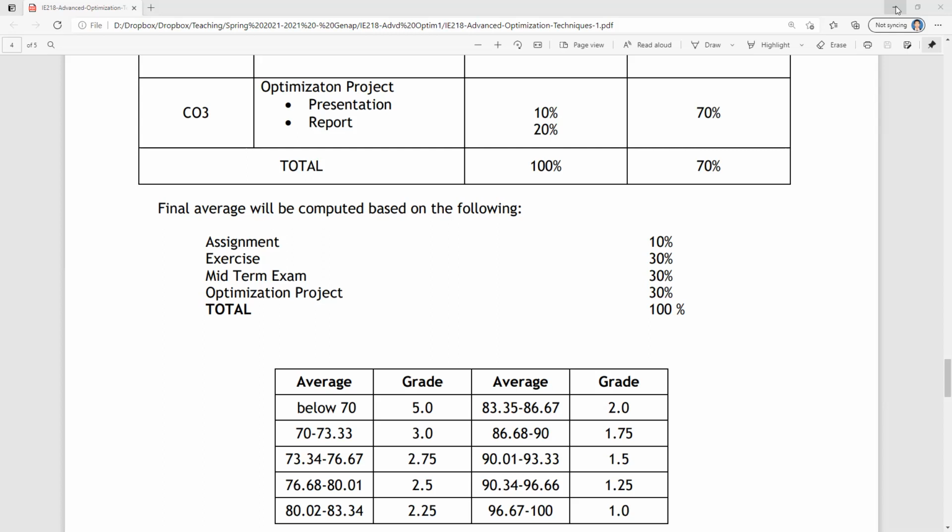Okay, and then if you want to apply mathematical programming techniques, it's good. But if you don't want to apply that, that's also possible. But you may need to choose more challenging techniques like heuristics and metaheuristics.